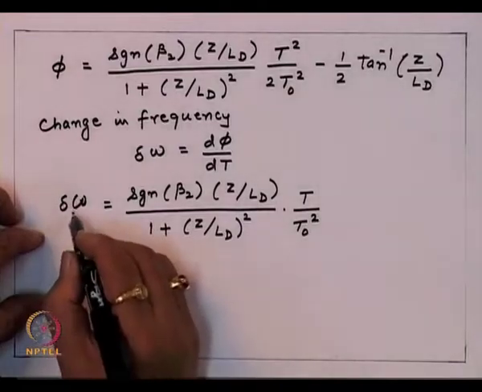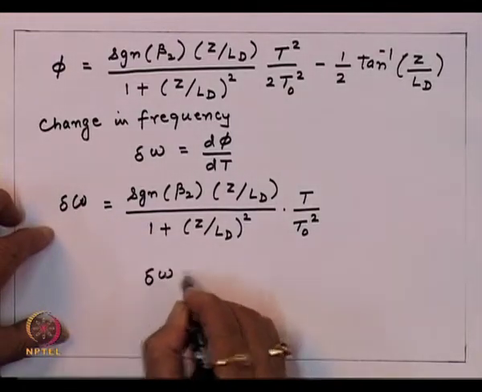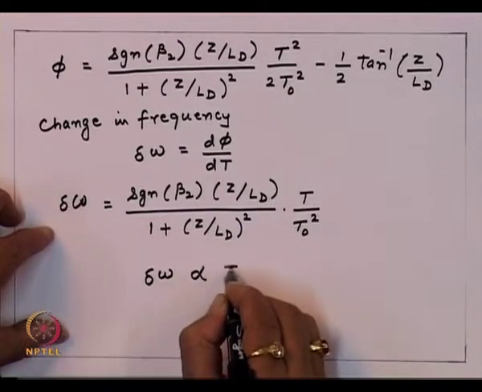That gives the change in frequency delta omega proportional to t.